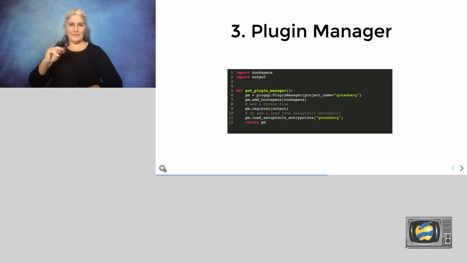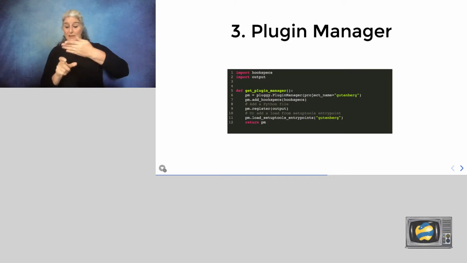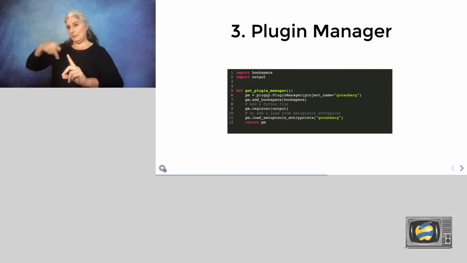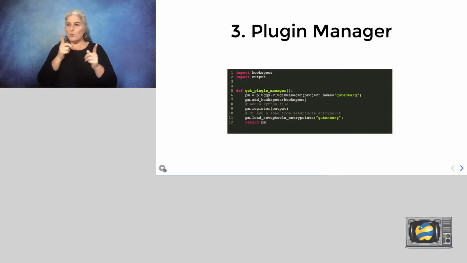Now, this is the important part. Now is the plugin manager. Now that we have seen how to do a plugin, a hook specification and the implementation, let's see how we can bring these two pieces together. The role of a plugin manager is to bring together the various components involved in building a plugin.